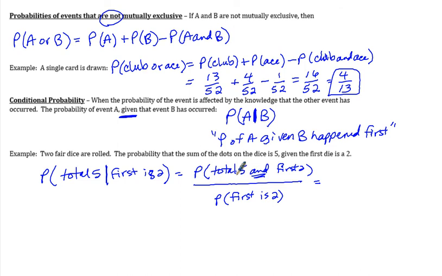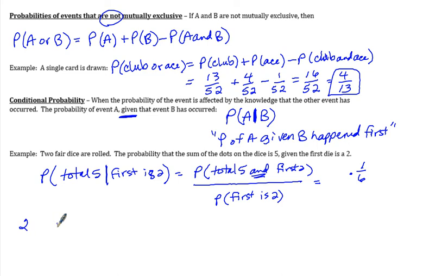We know how to do this one. The probability of the total being a 5 and the first being a 2, that's multiplying. And means multiply. Well, what's the probability of the first being a 2? The first being a 2 is 1 over 6. How many different ways can you total 5 if you first rolled a 2?